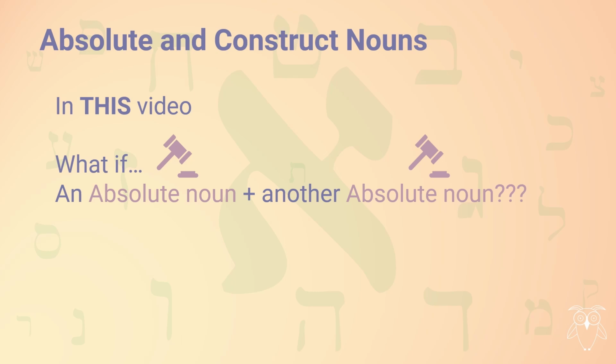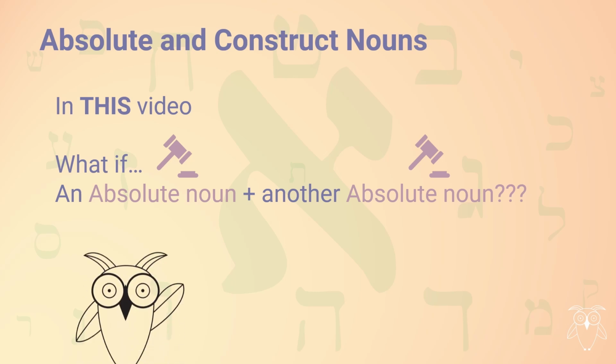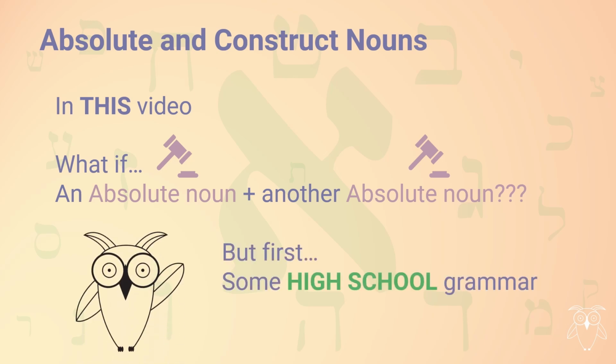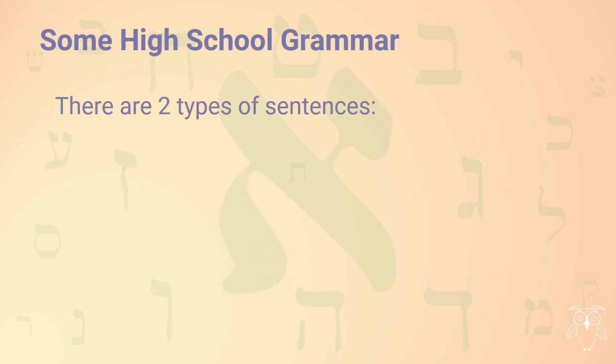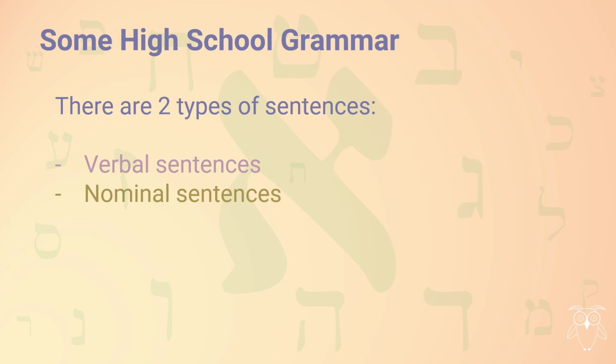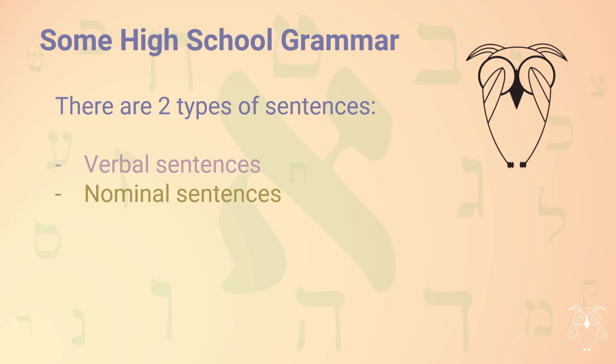But before I do so, I have to explain a bit of high school grammar. Grammarians have long distinguished between two types of sentences: verbal sentences and nominal sentences. Now, this is a distinction which the vast majority of English speakers probably aren't aware of.